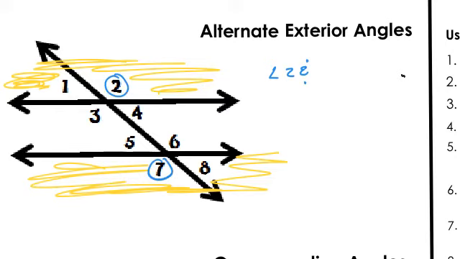Angle 7 are alternate exterior angles. What's another alternate exterior angle pair? Angle 1 and angle 8 are alternate exterior angles.